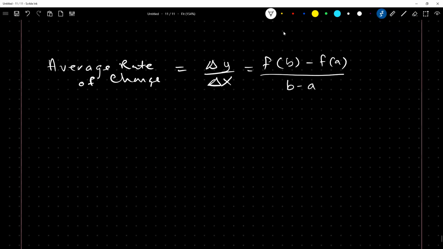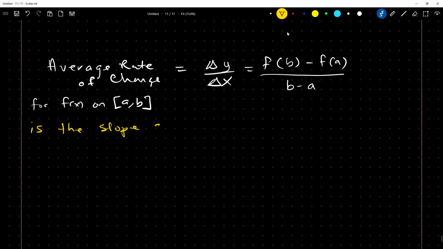So the average rate of change, and let me just make a little sketch for f of x on a b. Okay, so there's the first formula we need. And one more thing I want to write here, which I almost forgot: the average rate of change is the slope of the secant line between these 2 points.